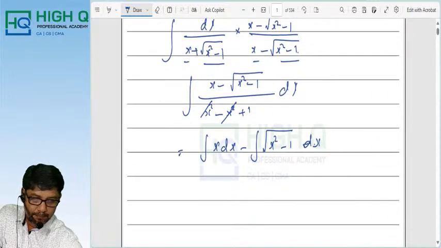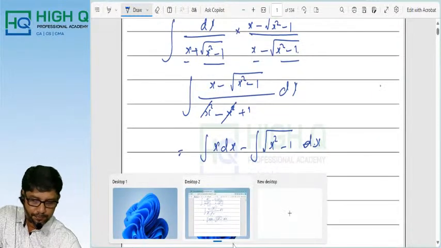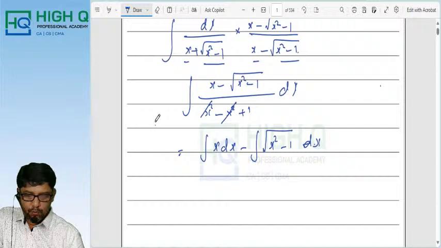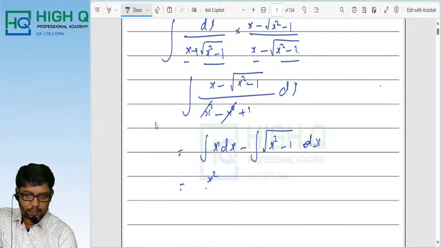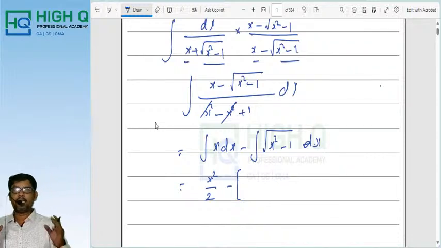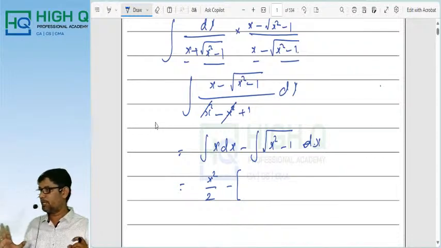Now, MRP, I don't think your answer is right. Integral of x dx is x square by 2 minus, what is integral of root of x square minus 1? In my class, I gave you 6 formulas to remember. Just mug it up.